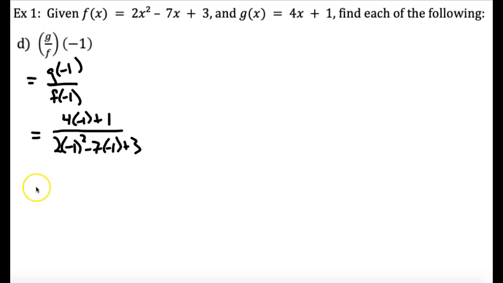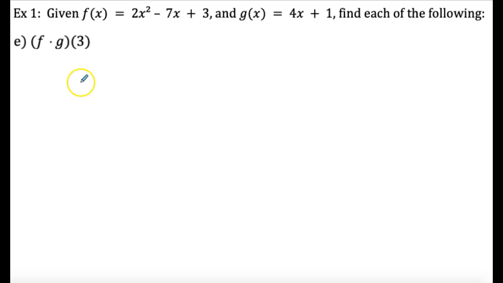So we can do some arithmetic. 4 times -1 is -4, plus 1 would be -3, over -1 squared would be 1 times 2 is 2, plus 7, since I've got the double negative, would be 9, plus 3 is 12. So -3 over 12 would reduce to -1/4. Right? So if we have a number here, all we're doing is plugging that into the functions.